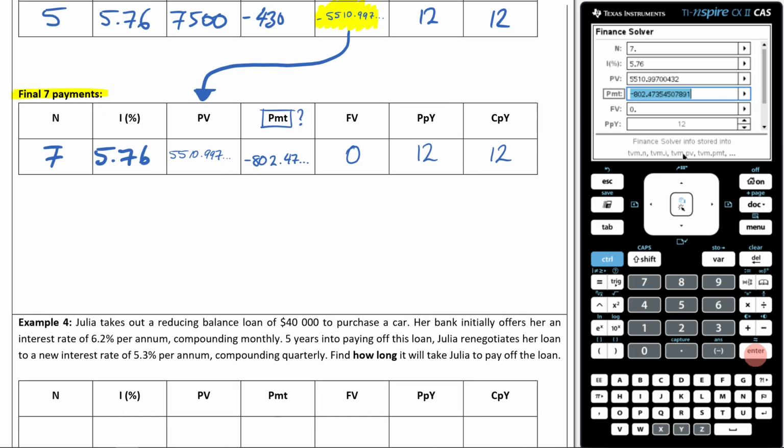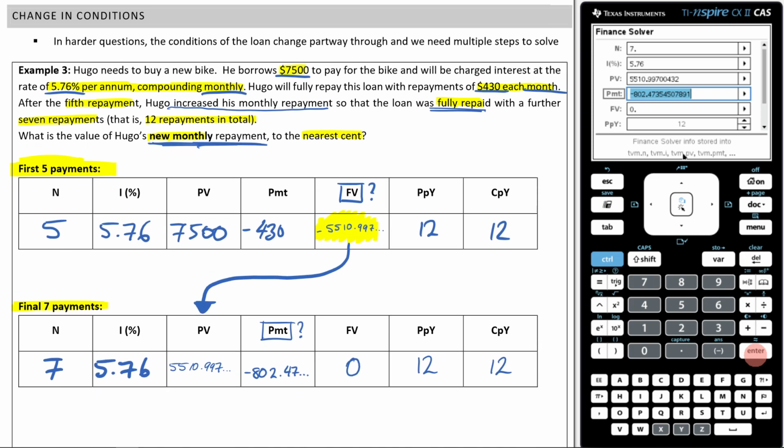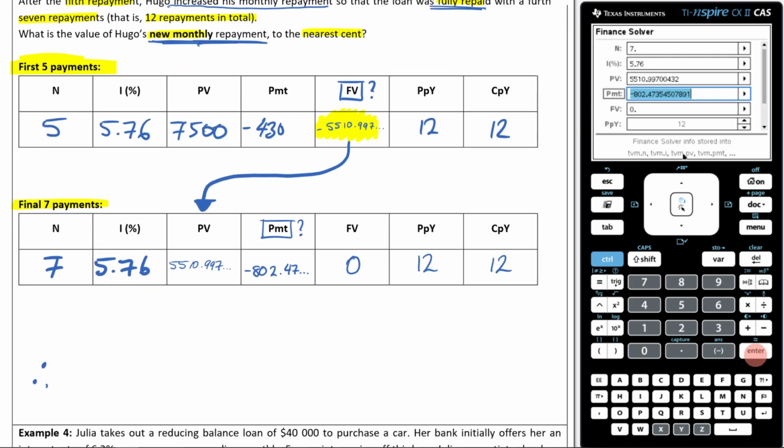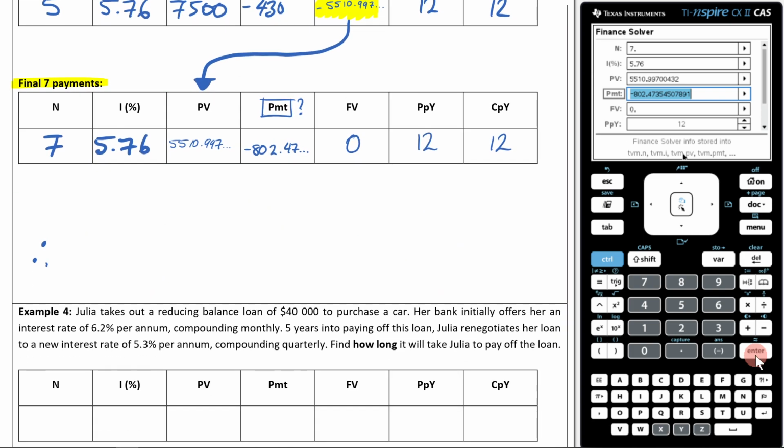What this means is, and we'll write it down, because what is it asking? What is the value of the new monthly repayment to the nearest cent? The new monthly repayment is $802.